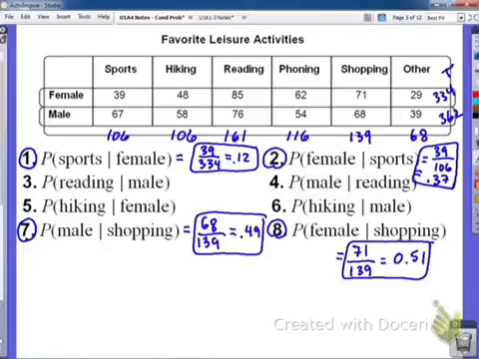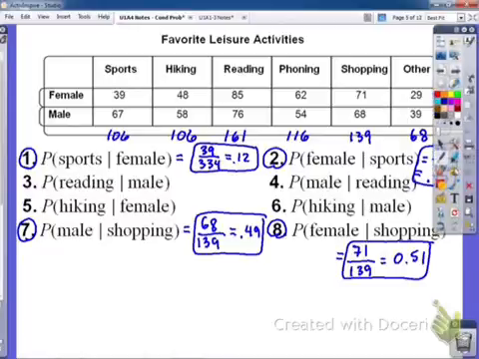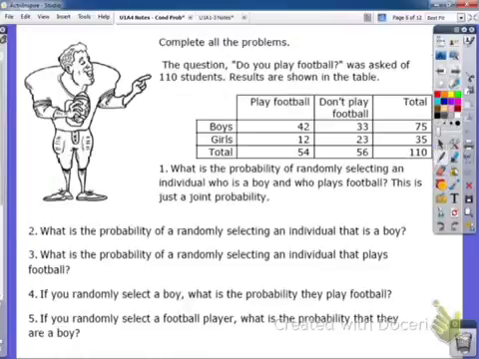Once again, number 7, what's the probability of selecting a male given that we select someone that prefers shopping? Versus number 8, the probability of selecting a female given that we select someone that prefers shopping. Okay, so that's good. And you've got some problems here that you can work on your own.